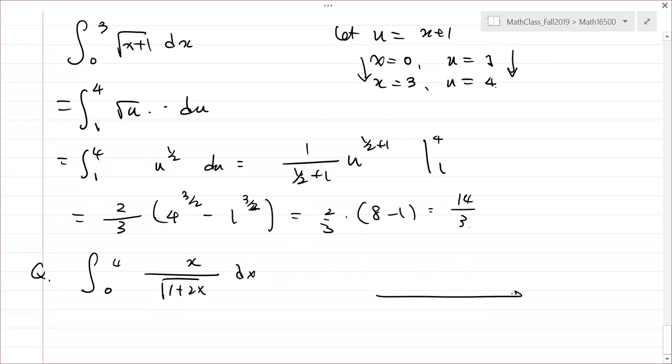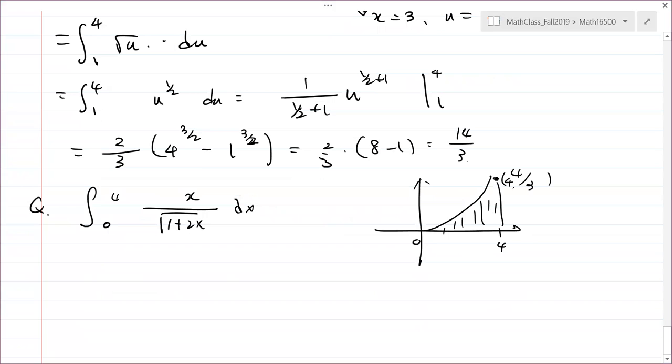This is the function, and here's the 4, here's 0. Maybe like that. This is a graph. So this integral represents the area of the region under the graph.